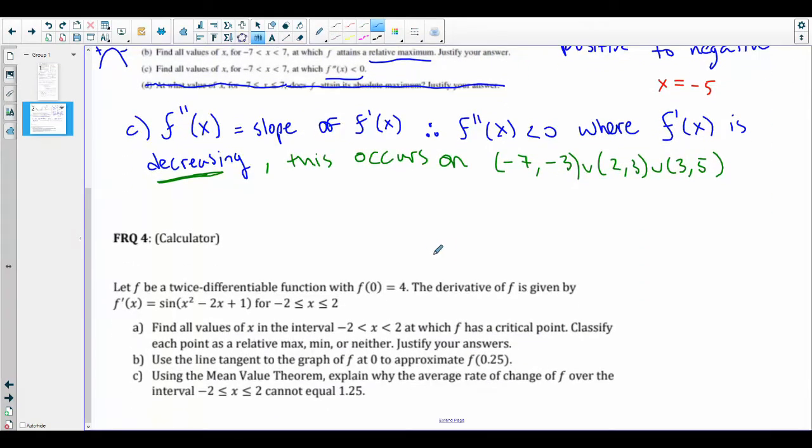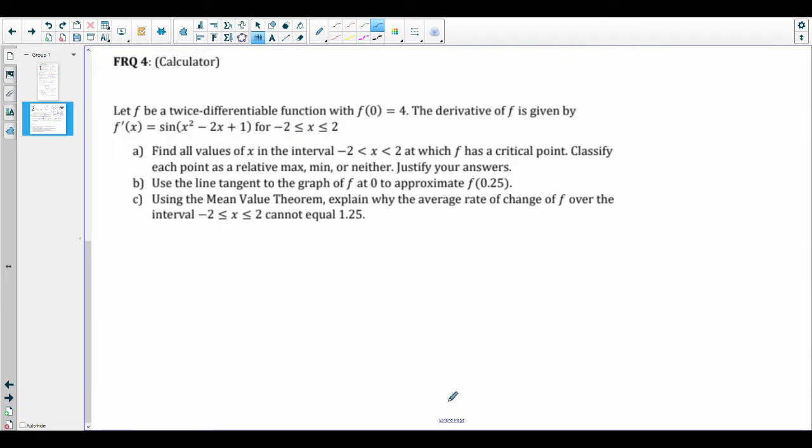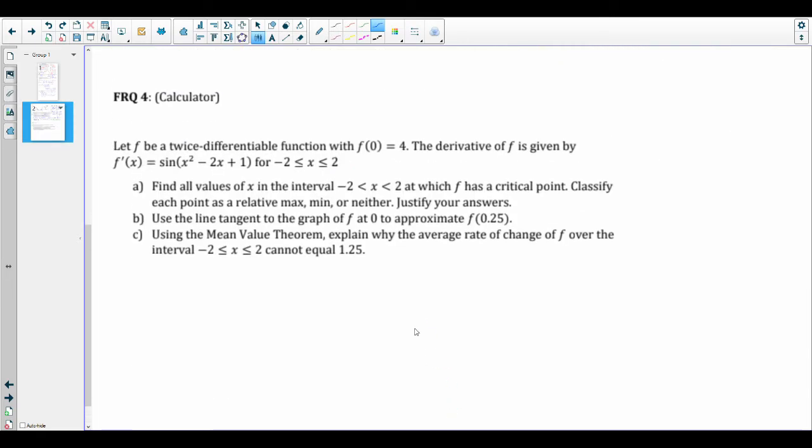All right, one more. So here, calculator section question, we're told f is twice differentiable. So we can take the derivative of f prime if we want. All we know about the original function is f of 0 equals 4, so we have this point (0, 4). We're given the derivative of f here.